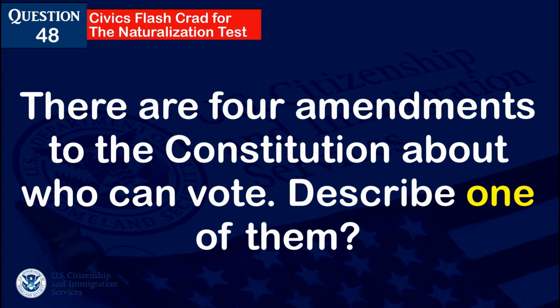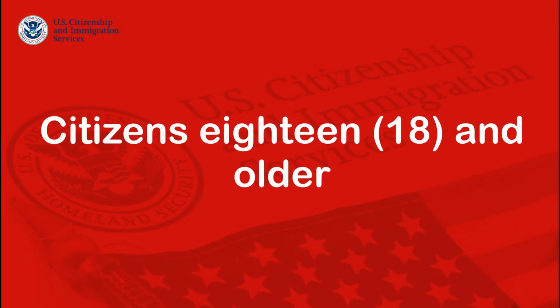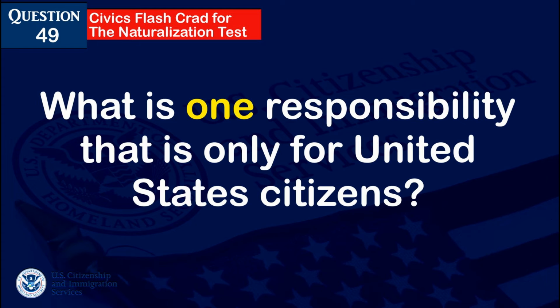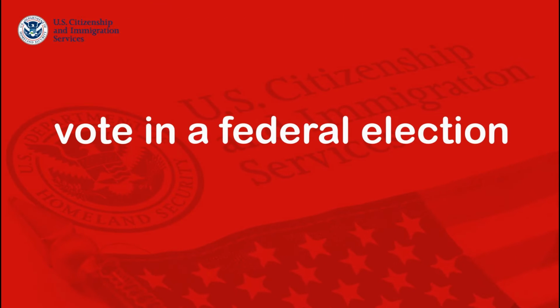There are 4 amendments to the Constitution about who can vote. Describe one of them. Citizens 18 and older. What is one responsibility that is only for United States citizens? Vote in a federal election.